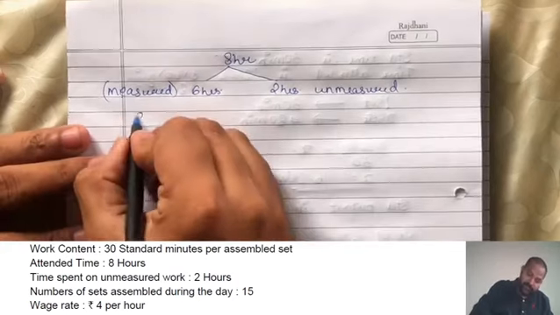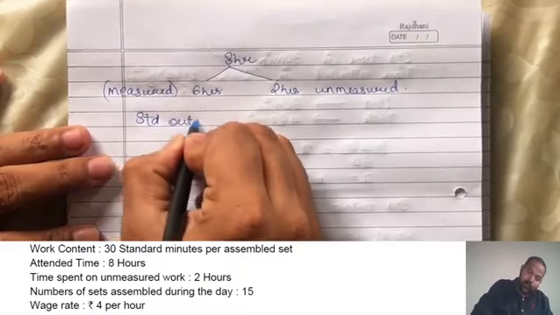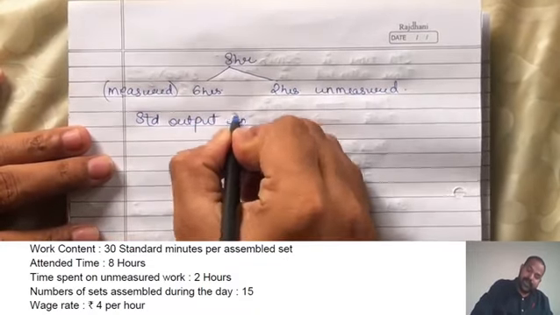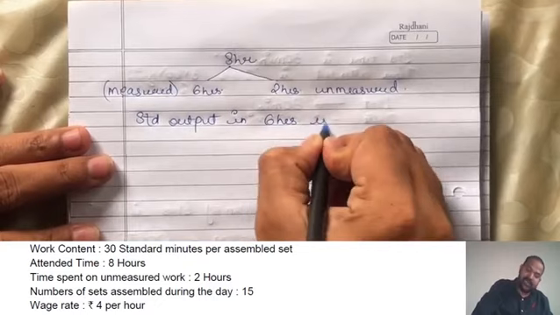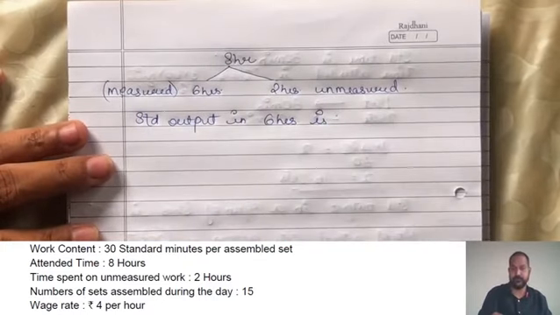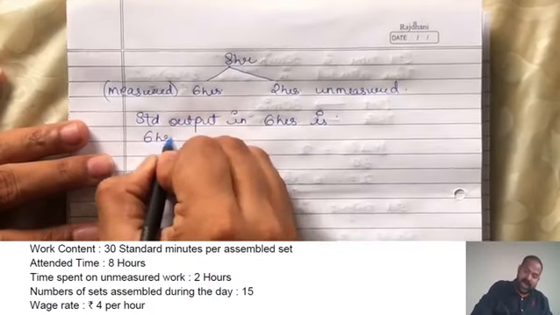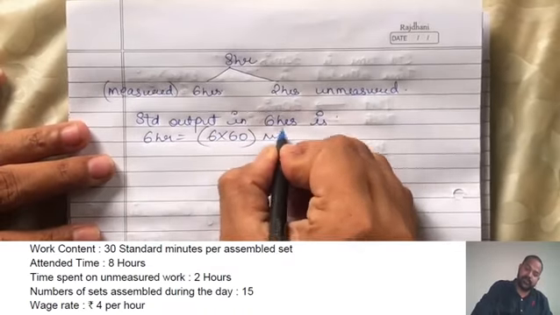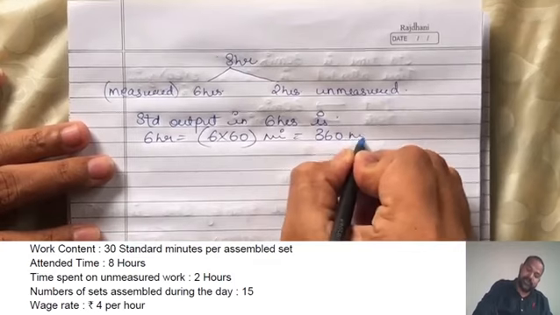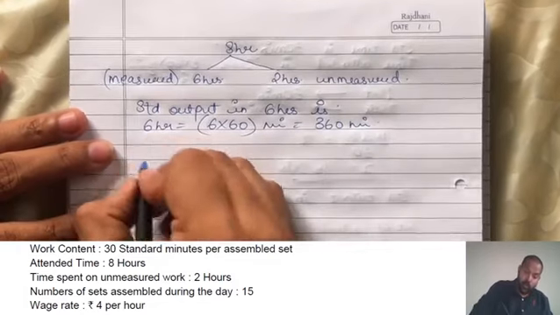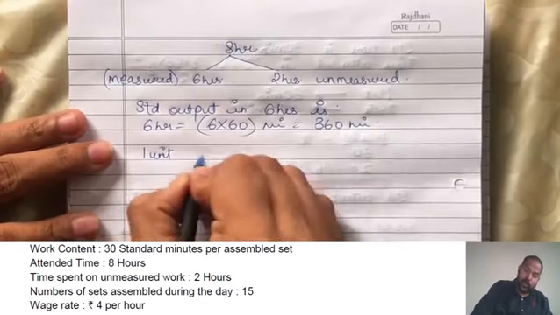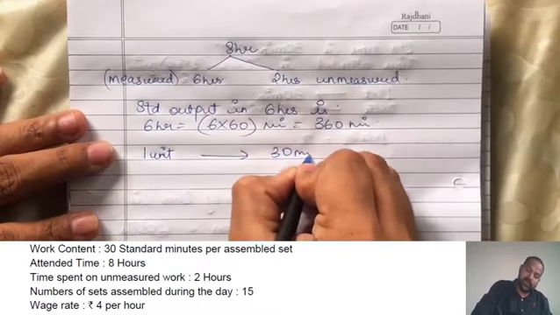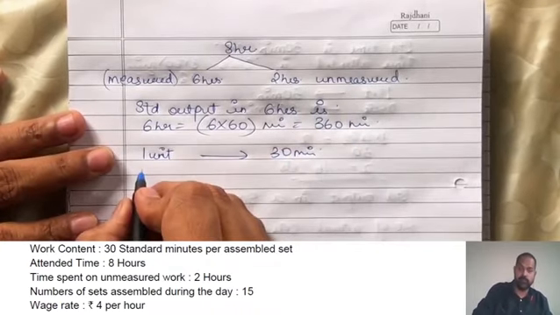So now I will say standard output in 6 hours is... 6 hours is basically 6 into 60 minutes, which is 360 minutes. 1 unit requires a standard of 30 minutes.